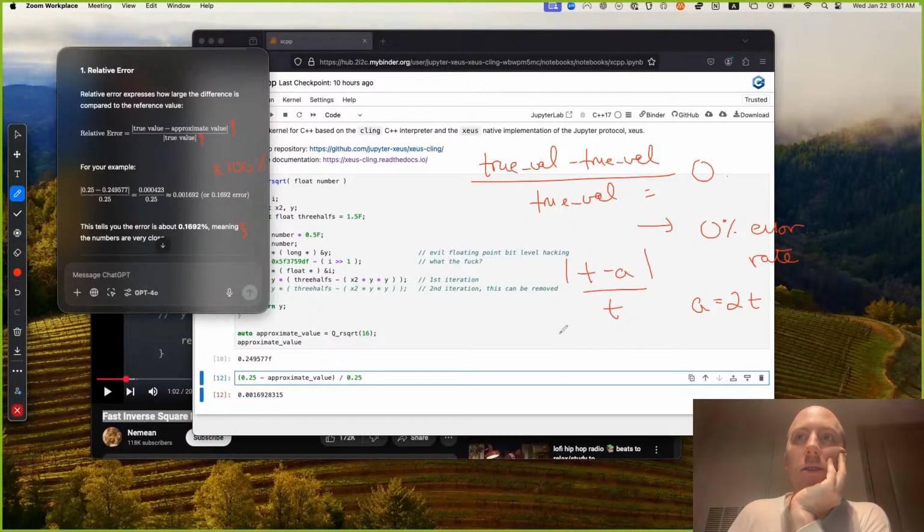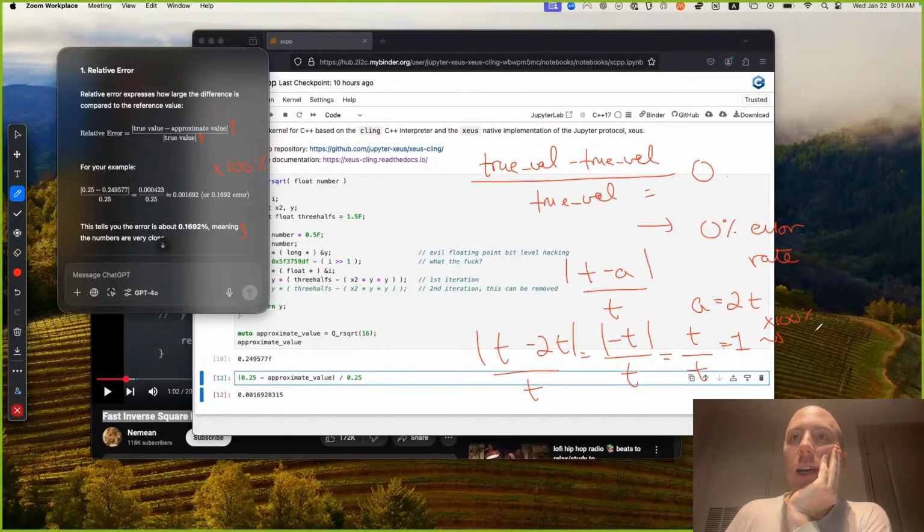Taking the absolute value of this, we got 2 minus 2t over t. So this is equal to negative t over t, which is equal to t over t, which is equal to 1. And we multiply this by 100%, and we say that in this case, the error is 100%.